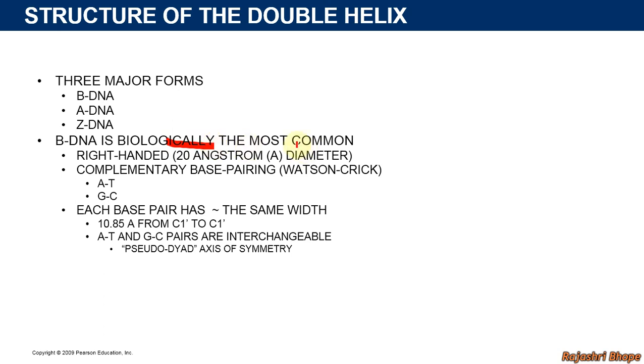Most common and significant, right-handed helix, 20 angstrom diameter. Bases are complementary to one another, AT and GC. Each base pair has the same distance, approximately 10.85 angstrom.